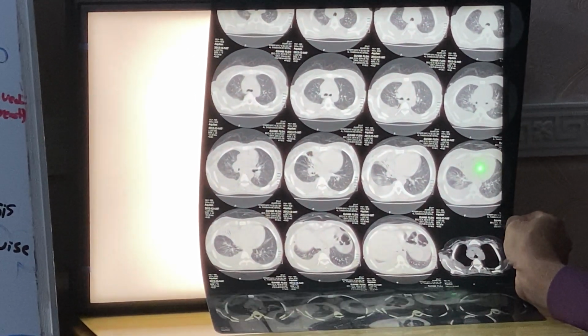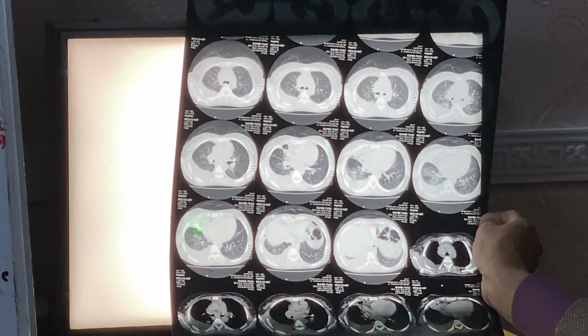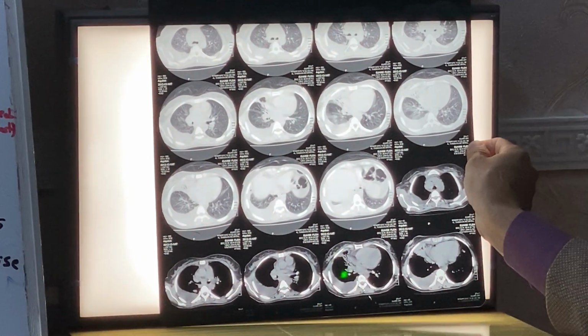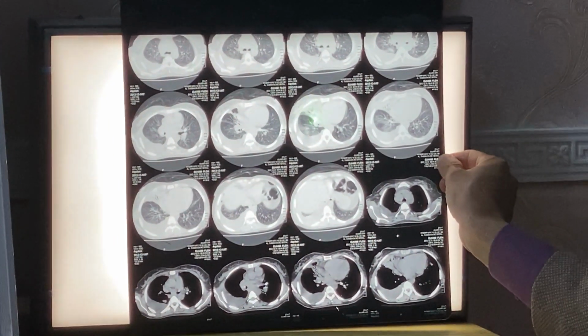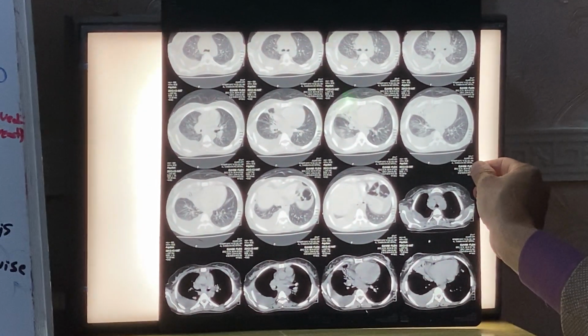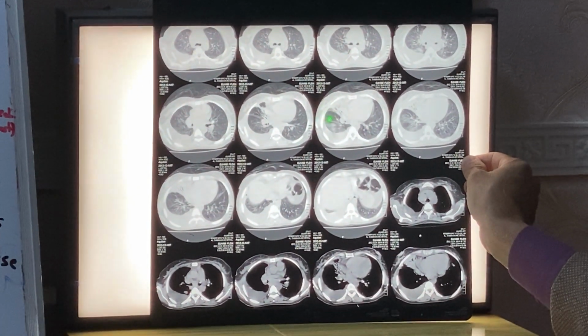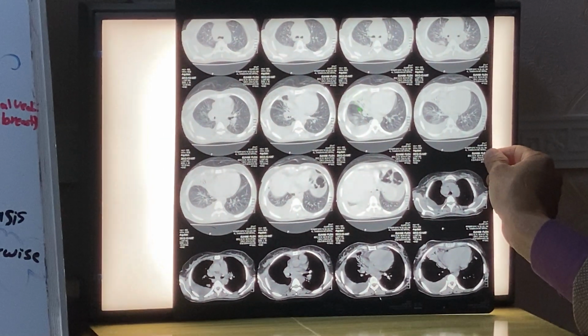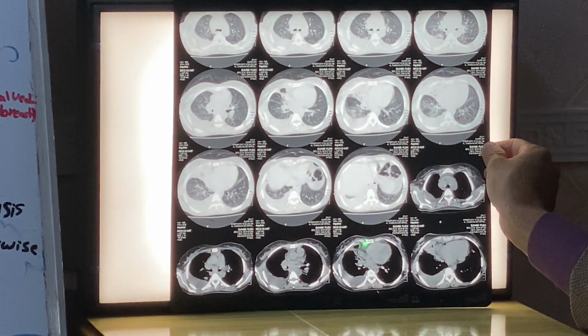This and this is the consolidation. Consolidation with air bronchogram. You see the gas inside this abnormal hyperdense area because the gas is hypodense. So this is the consolidation.